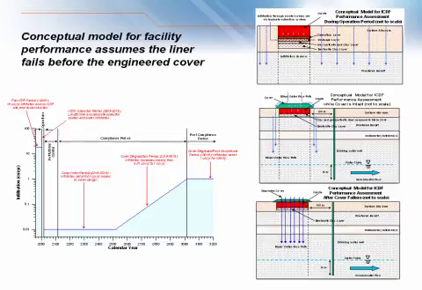One of the key assumptions, and this probably is going to come up some more, is that our liner fails before the engineered cover. If the liner doesn't fail, I still have to do that analysis, which may require additional work. But this basically is our conceptual model, a 1D system with time-varying infiltration rates.